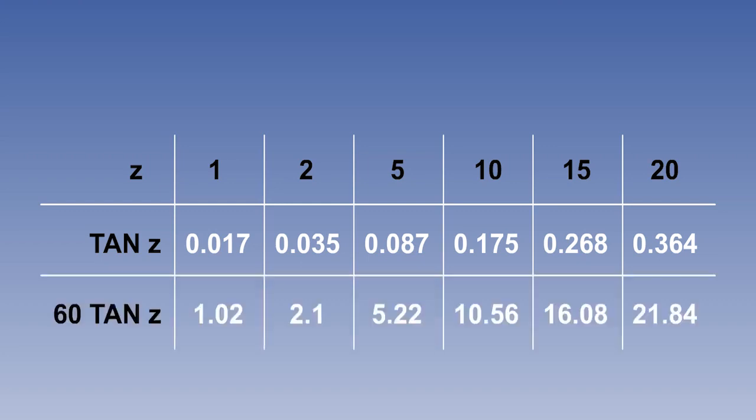The actual tangents appear to be meaningless, until, that is, we multiply them by 60. For each angle, the tangent, when multiplied by 60, becomes very similar to the angle itself. For example, the tangent of 1 degree is 0.017, which becomes 1.02 when multiplied by 60.